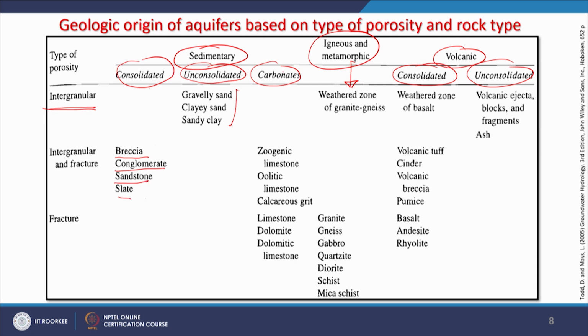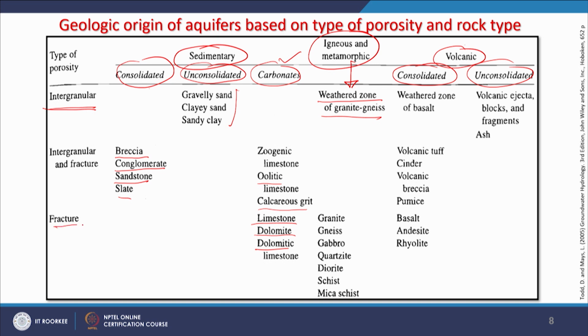Now, our carbonate rocks can also have irregular and fractured porosity, and the rocks are given here: dolomite, very famous rocks, oolitic and other rocks are also mentioned. Then in the case of igneous or metamorphic rocks, we are talking only about the weathered zone of granitic gneiss, where we will have irregular porosity, not regular porosity.